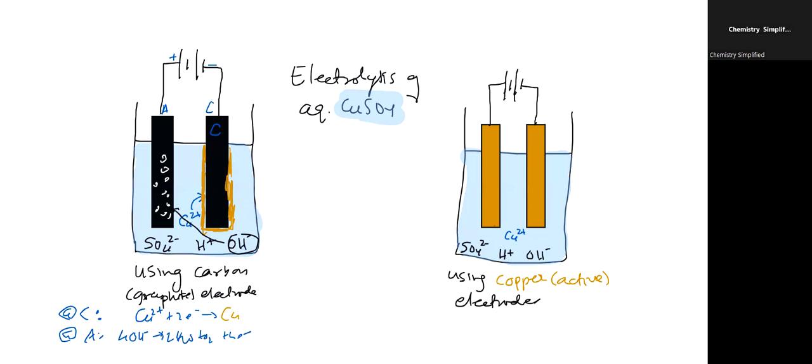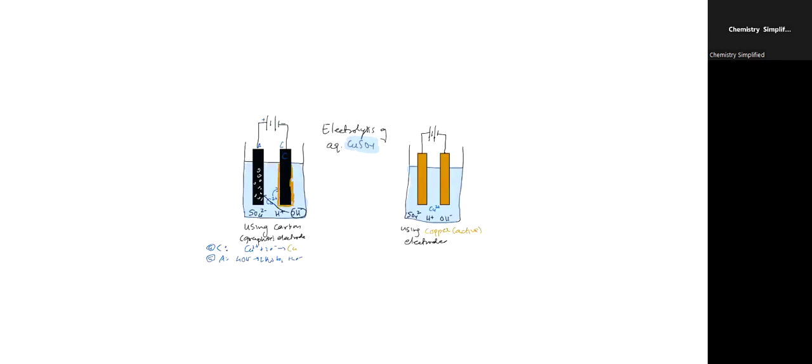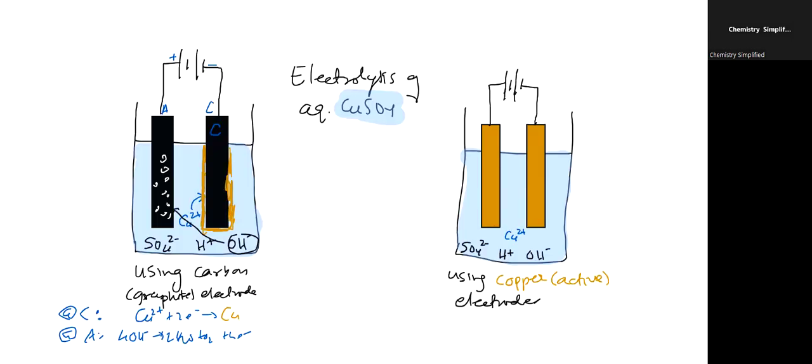Now let's see what happens here when the electrodes are copper. Remember that the reaction at the cathode remains the same. So let's write that reaction.